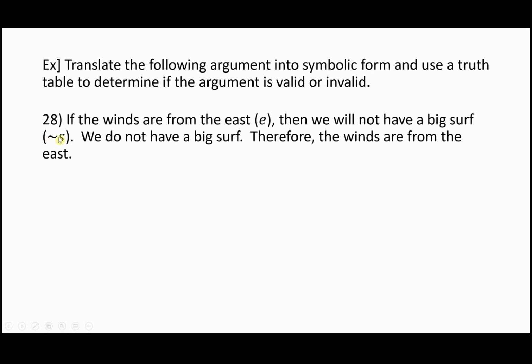So hopefully that's very straightforward and people can feel good about that usage. That was the first premise. It was a conditional statement, and it's going to go E, arrow, tilde S. Okay, we'll get to that in a second.